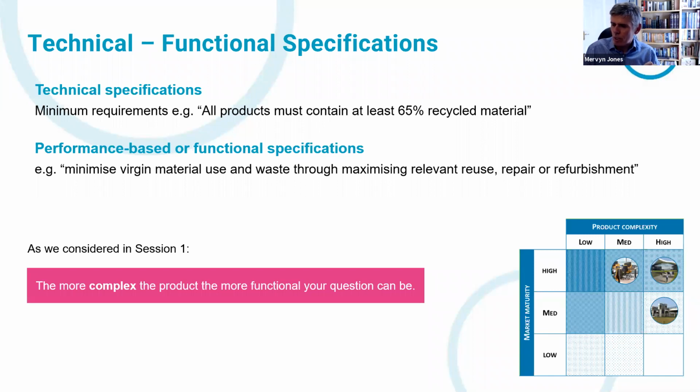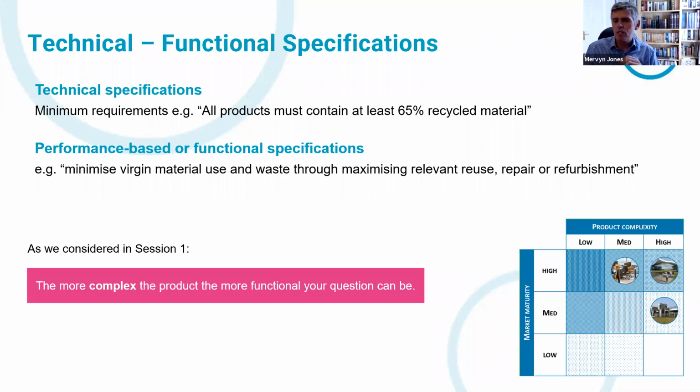And again, when you're talking about market maturity, typically now the market in furniture and the market in construction is very mature in terms of its understanding of circularity and its understanding of the role that its products and its services can play in terms of circularity.